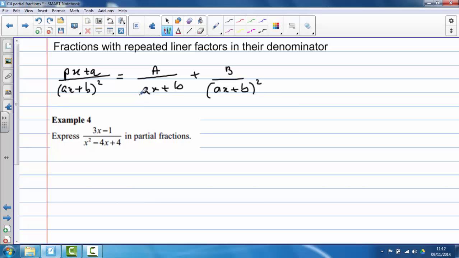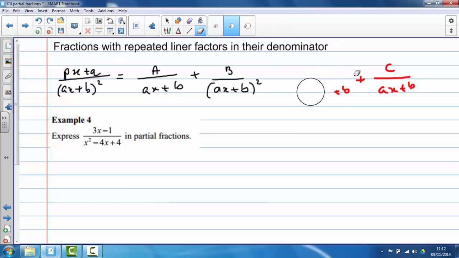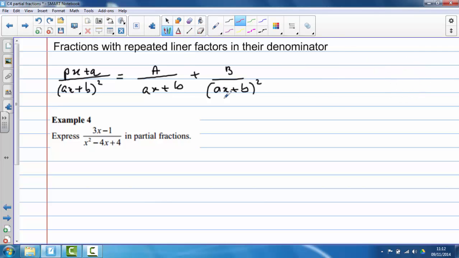Now one might think that you could write this out as a over ax plus b plus c over ax plus b, since it's repeated at the bottom. But that just gives you a plus c at the top and ax plus b at the bottom, which won't satisfy this fraction, since we've got an x in there as well. And so we'll write it out in this form.